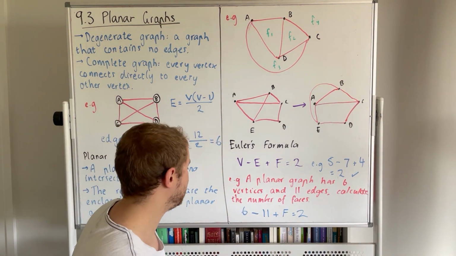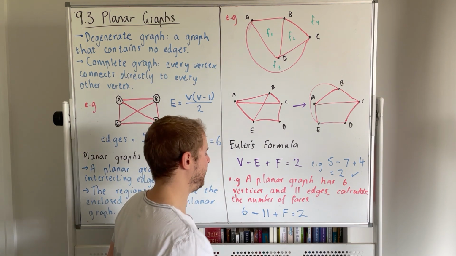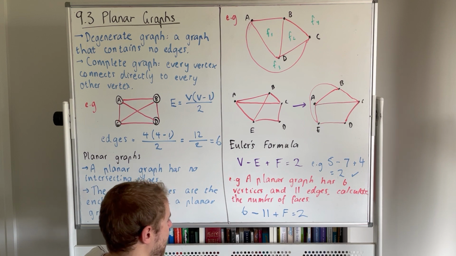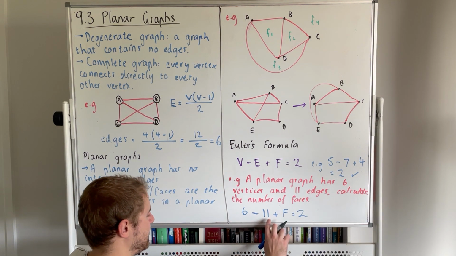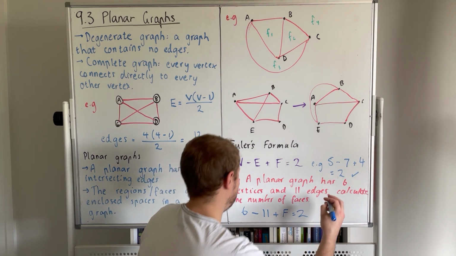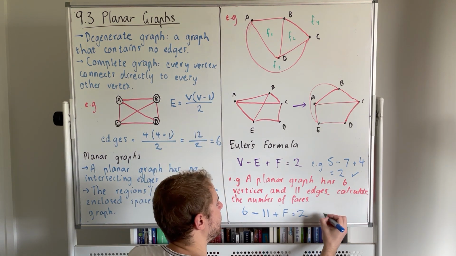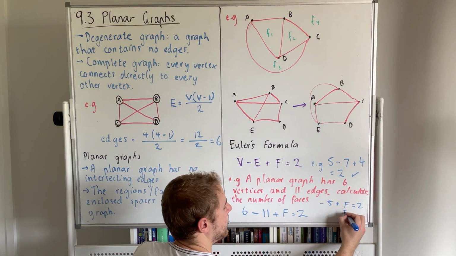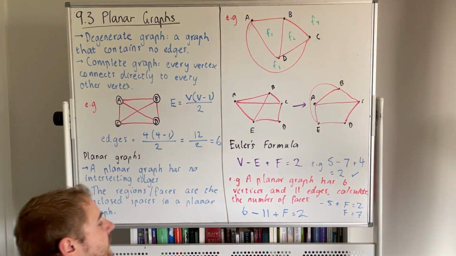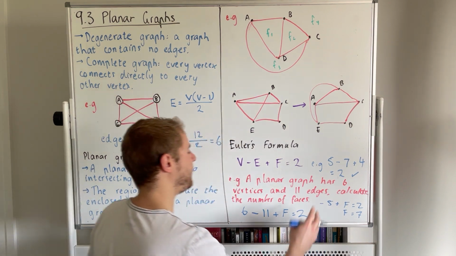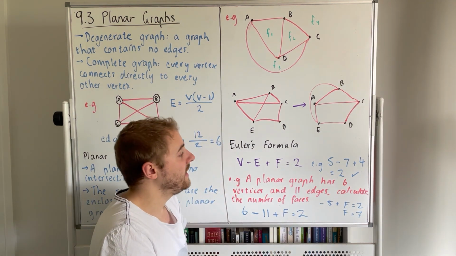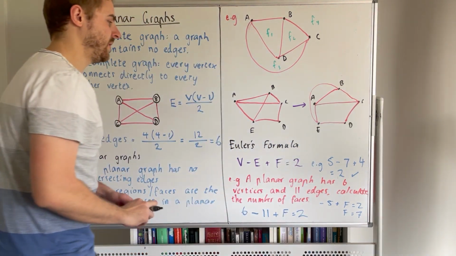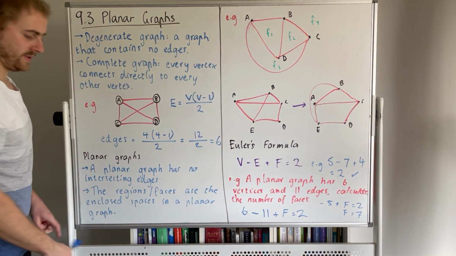You can solve it in your CAS if you really want to, or if you're feeling confident with your algebra, you can also just do it that way. So 6 minus 11, I'll do that first, is -5. Add 5 to both sides, I get 7 faces. Therefore, if I have a planar graph with 6 vertices and 11 edges, it's going to have 7 faces. So that's how we can apply Euler's formula to calculate for those unknown values.